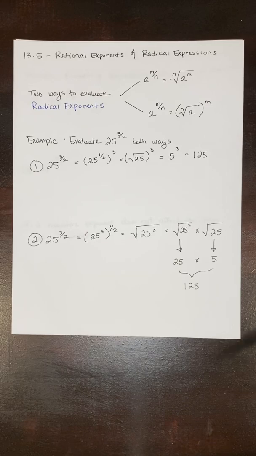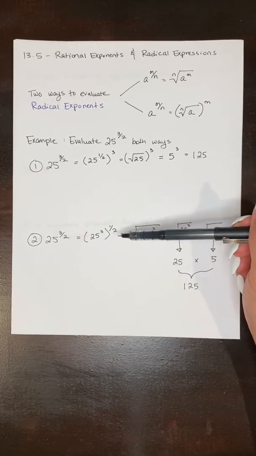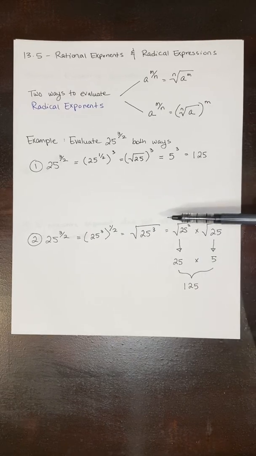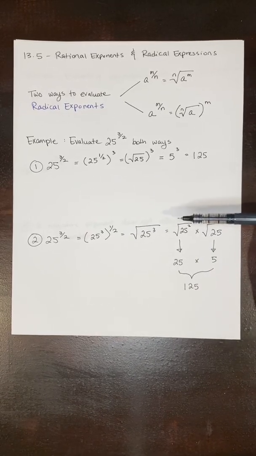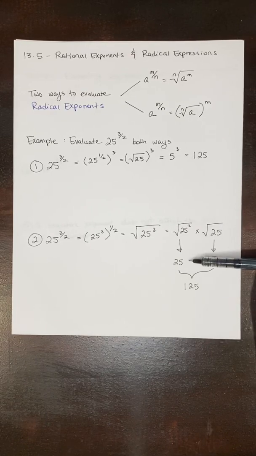Second, we can take 25 to the 3rd power and then take the square root, or half power. Going through it step by step, we can take the square root of 25 squared times the square root of 25, or 25 times 5, bringing us to 125.